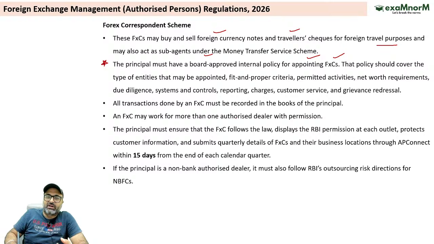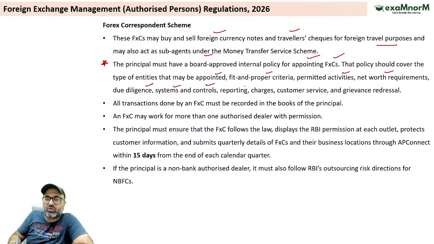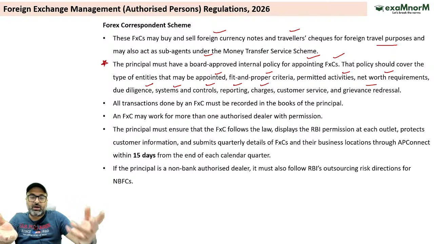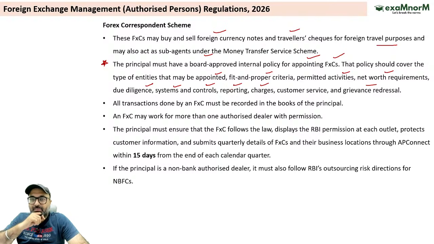It should cover how the entity will be appointed, fit and proper criteria क्या होगा, what will be the permitted activities, what net worth requirement is needed, how their due diligence मतलब check will be done, system and control, reporting, charges, customer services and grievance redressal. Reporting charges का मतलब कि भैया अगर आप हमारे behalf, as a bank, you are doing a job or you are performing the operations on my behalf.